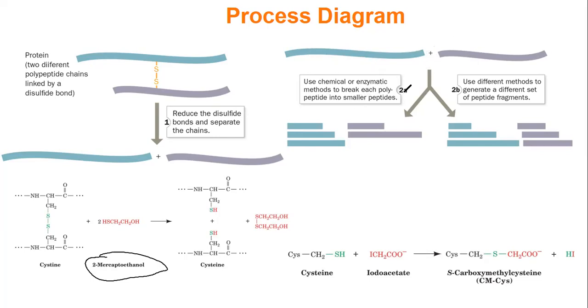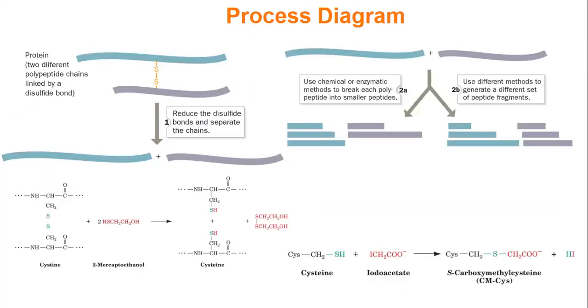That's what's being shown here in 2A and 2B. We use one reagent to get breaks like this, and in 2B, we use a different reagent to get breaks like this. So you have multiple copies of your protein in different test tubes, and you use different reagents in these different test tubes to get different breakages. So that's the first two steps if I want to figure out the sequence of an unknown protein. 1, break disulfide bonds. 2, chop up my proteins in different ways.